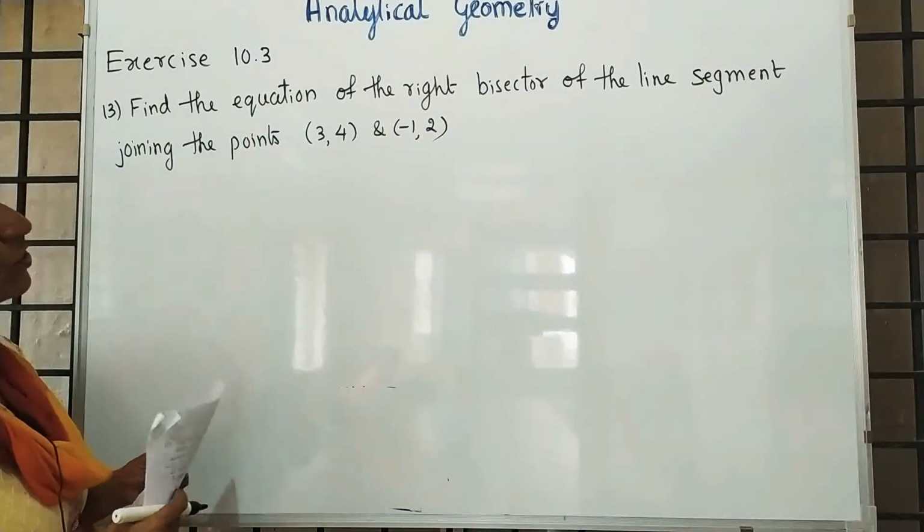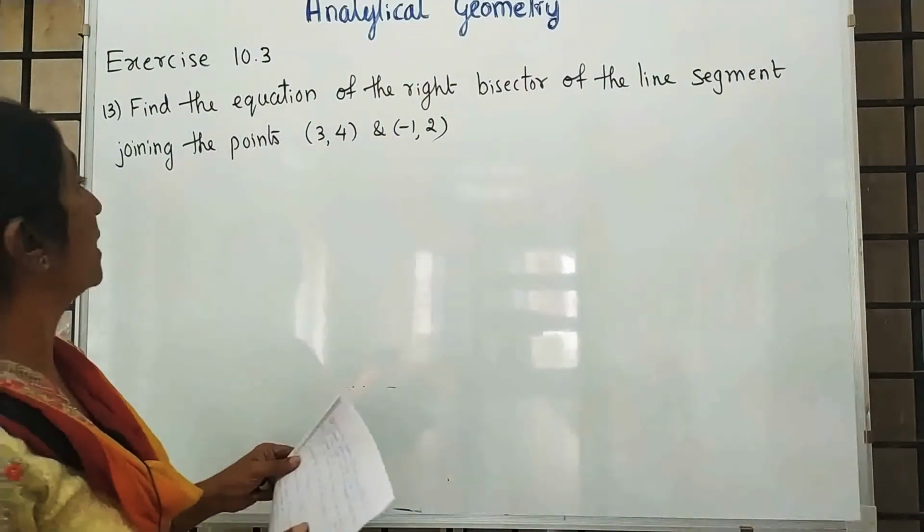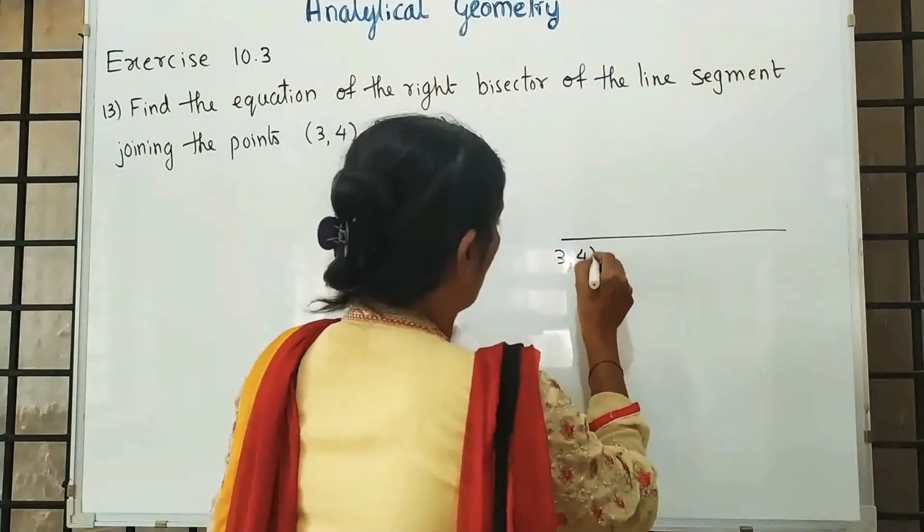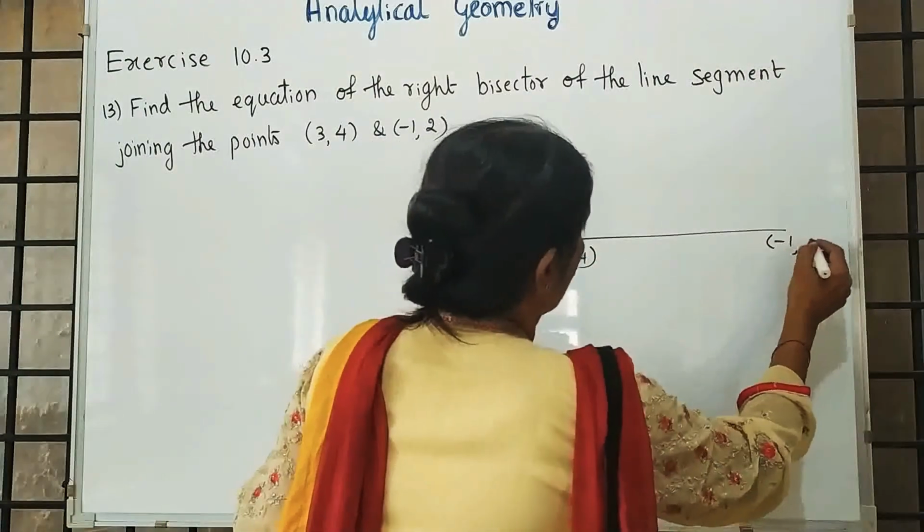See, find the equation of the right bisector of the line segment. This is the line segment, (3, 4) and (minus 1, 2).